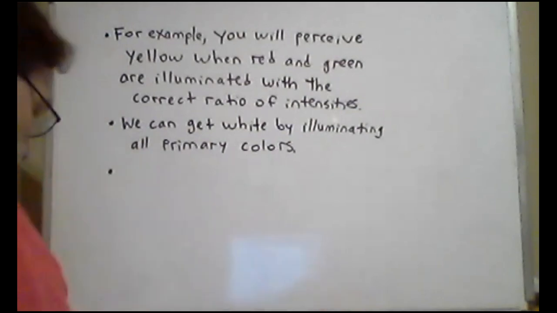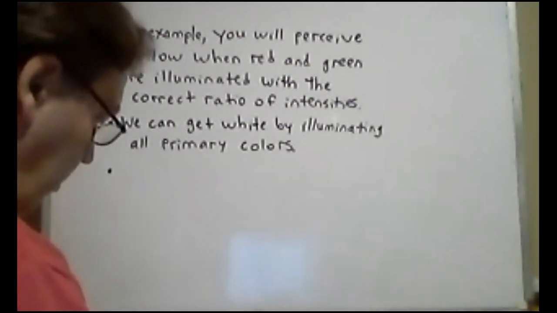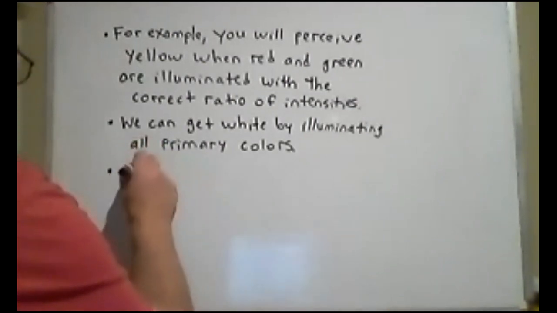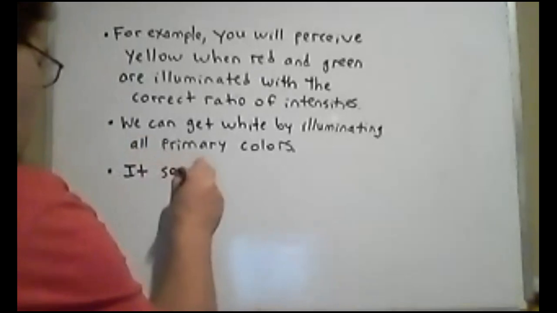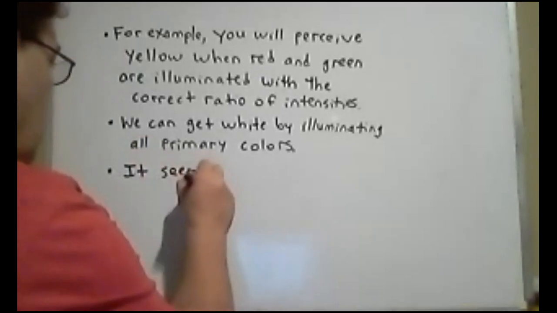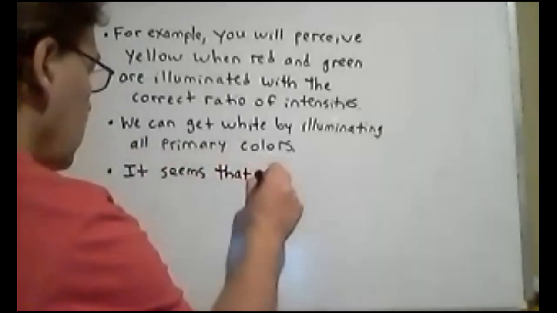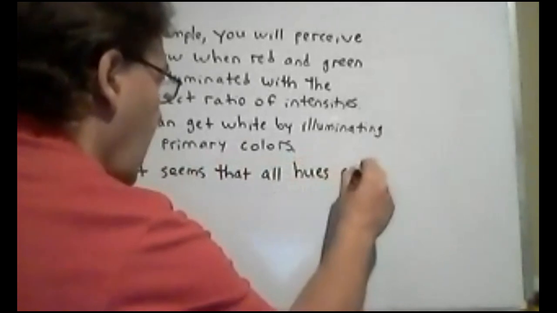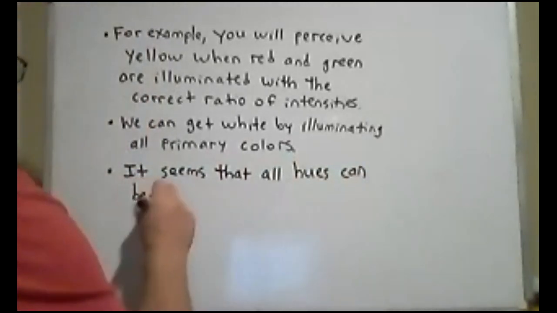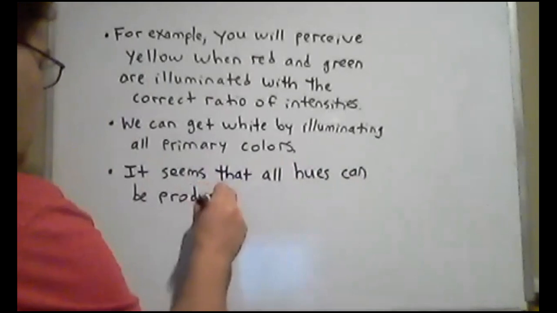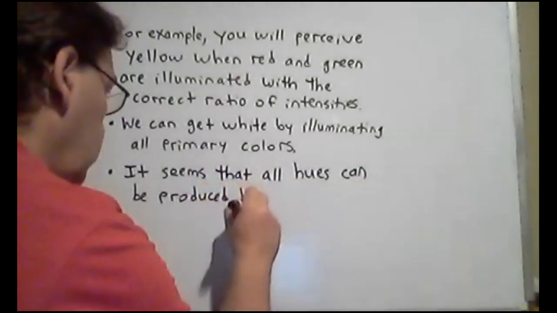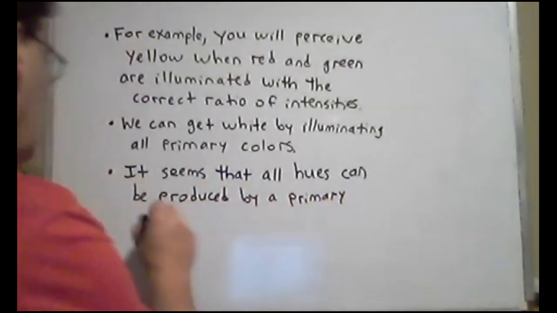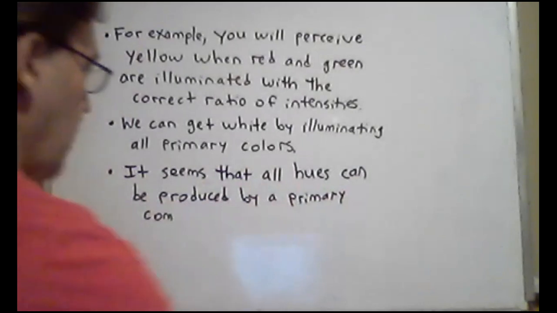Okay. And so essentially it would seem reasonable. It seems that all hues can be produced by a combination of the primary colors.